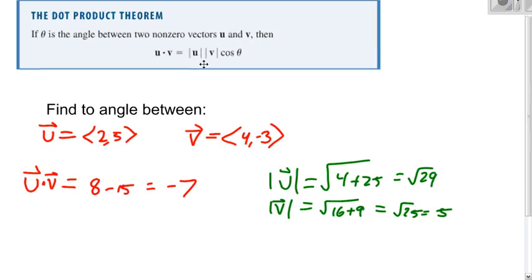So if we were trying to solve this, we'd plug in all those numbers, but then really we would divide by the lengths on each side. So you can rewrite it as cosine of the angle in between the vectors is the dot product divided by their lengths.